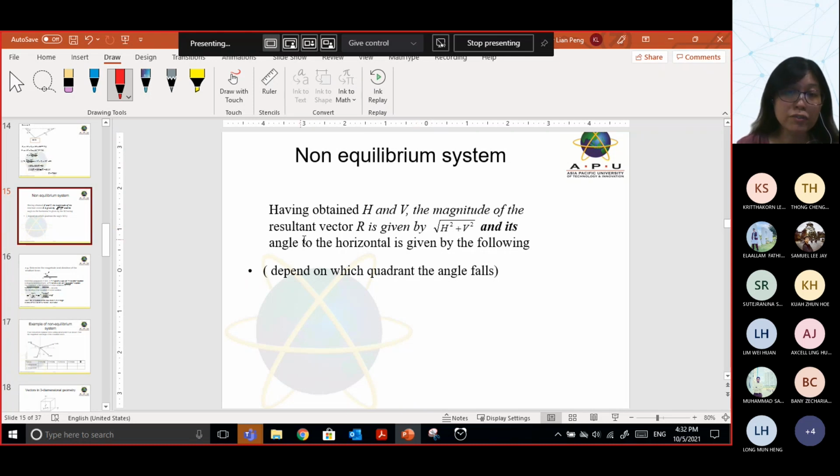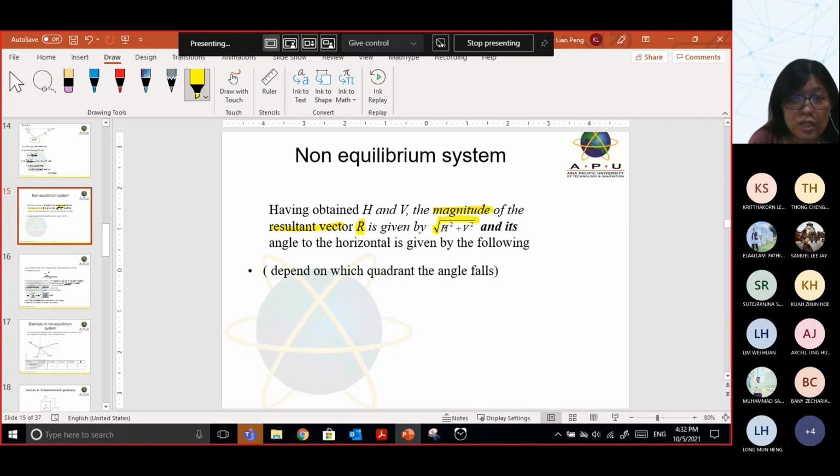So the magnitude of the resultant vector is actually given by square root of H squared plus V squared. Okay, so when it comes to the magnitude of the resultant vector, we're using capital R as a notation.